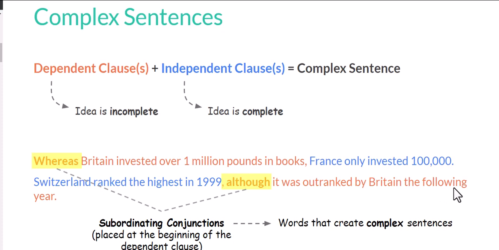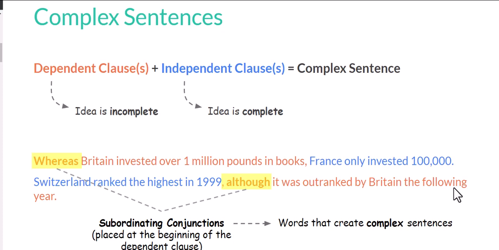The first part, in blue, is an independent clause, a full sentence with a full idea. If we stopped there, the sentence would still make sense.